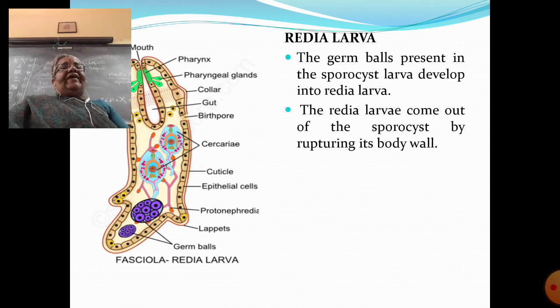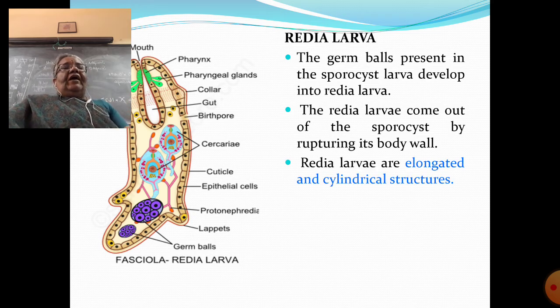These redial larvae, larva singular, larvae plural, come out of the sporocyst by rupturing the body wall of the sporocyst, right? They are released, and you can make out from the diagram that they are elongated and cylindrical structures.